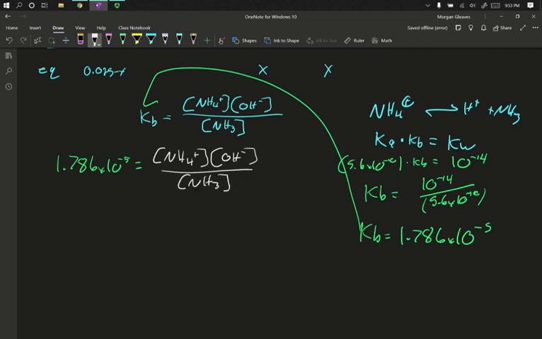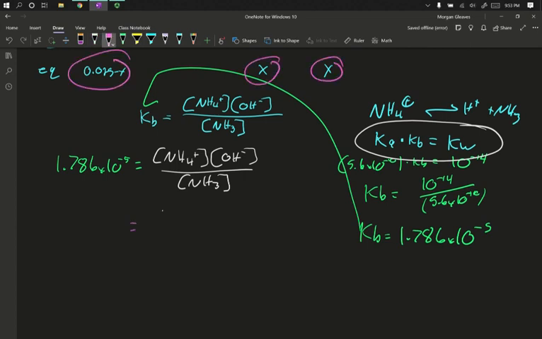So we found the constant for equilibrium. We found that equilibrium K value for ammonia acting as a base. We had to find it from its conjugate acid, but we were able to do that through the relation that the Ka of a conjugate acid times the Kb of its conjugate base must be equal to Kw. Plug in our equilibrium values.